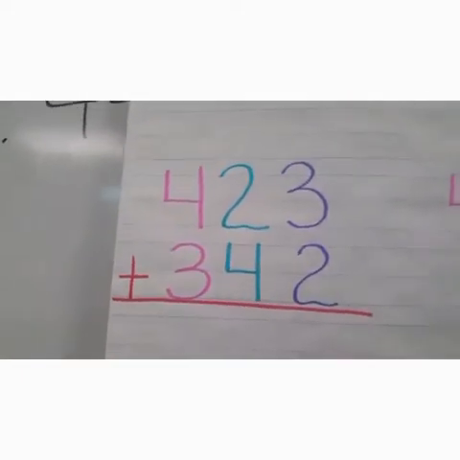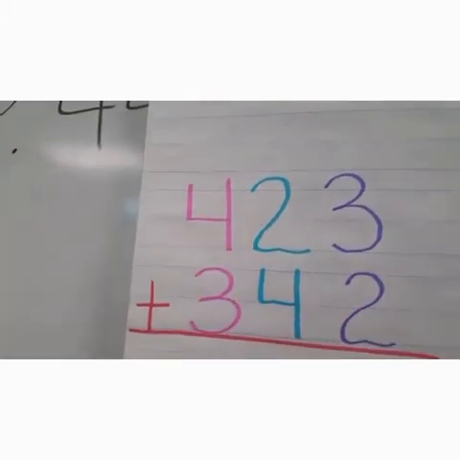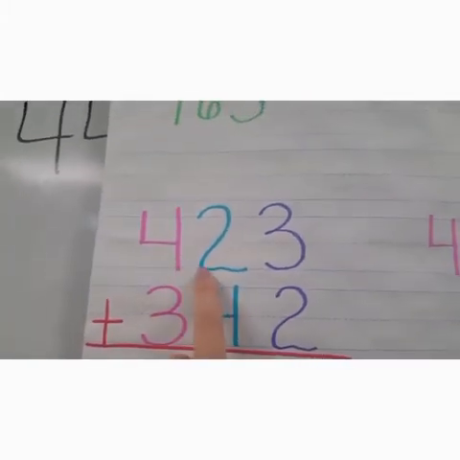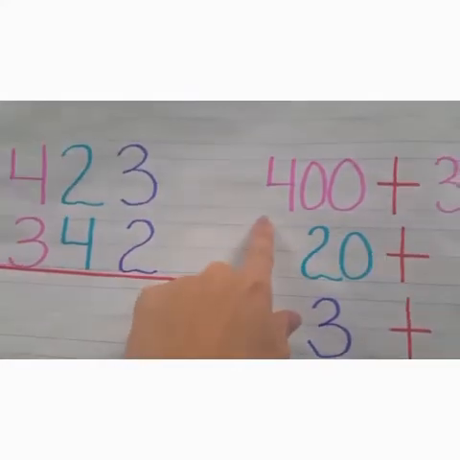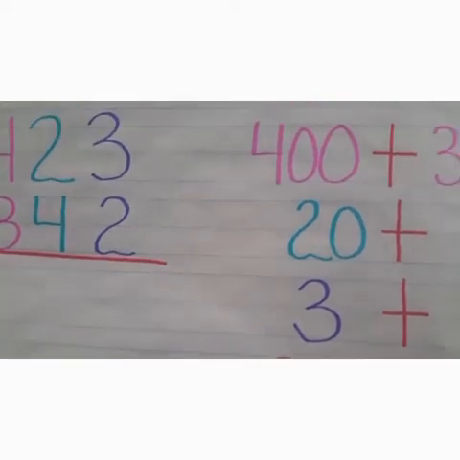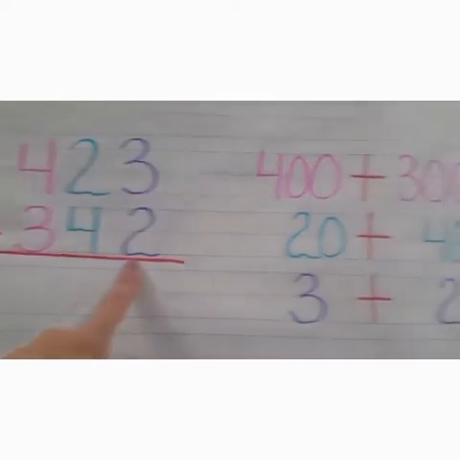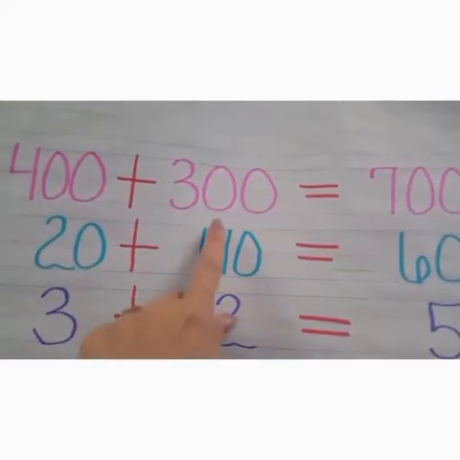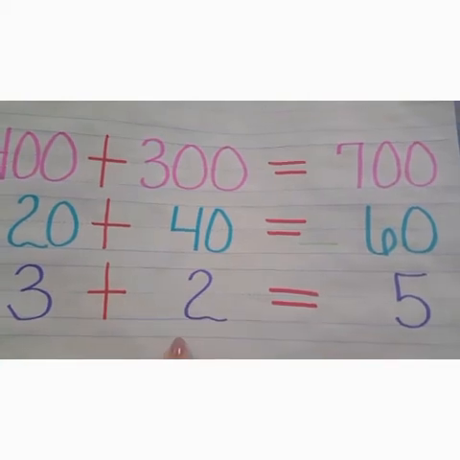So what you should do is take each number and let's break it down into expanded form. For instance, 423. So if you look over here, I have 400 plus 20 plus 3. That's 423. 342. Well, over here I have 300 plus 40 plus 2.